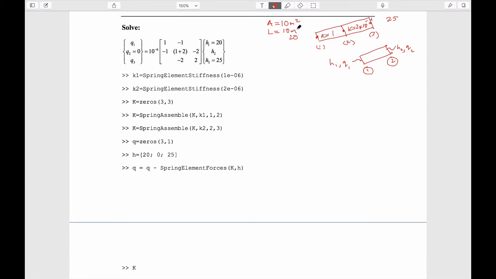And so these are the individual components. I'll do the first one. You put this in as an argument, and K1 comes out as equal to 10 to the minus 6 multiplied by 1, minus 1, minus 1, 1.